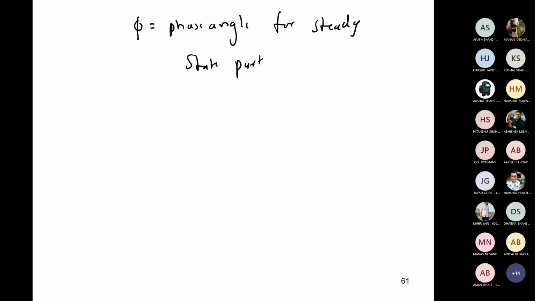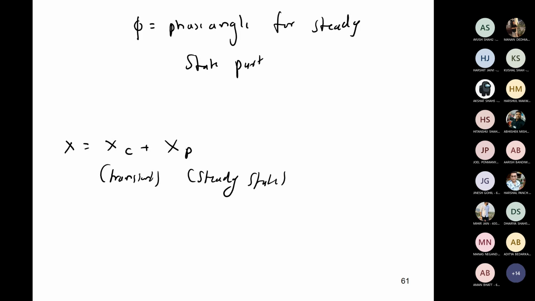But the response is composed of the complementary function, that is the transient part, and this is the steady state. All right. So for both of them, we have derived the equation for displacement, and now we are talking about phase angle. So what is the phase angle for the transient part, and what is the phase angle for the particular integral? Can somebody tell me the equations and the values?